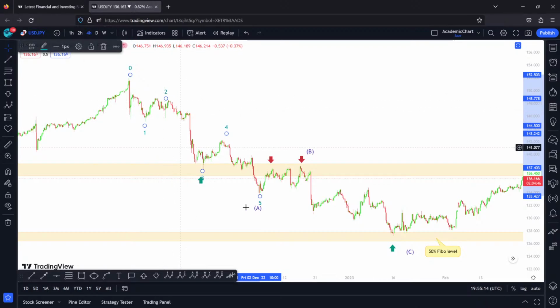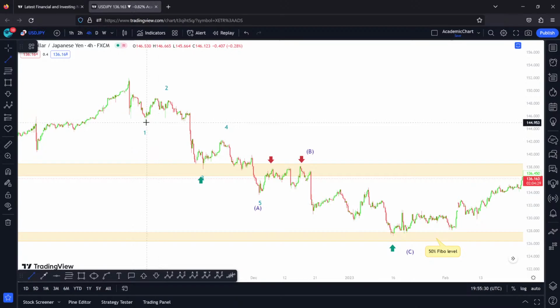I cannot just randomly say, okay, this seems to be a correction. I want to be sure that this understanding is correct. That's why I'm trying to see if I'm seeing some sort of 5 waves here, which I'm doing here. According to this correction, I can say that it was some sort of descending triangle.